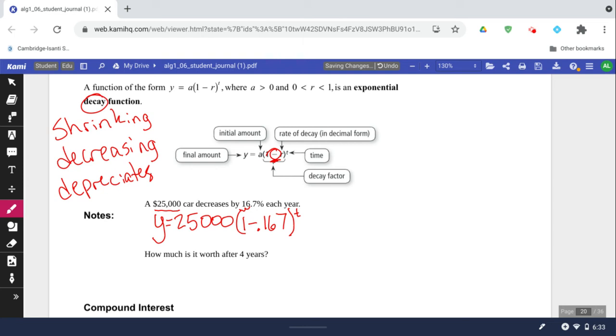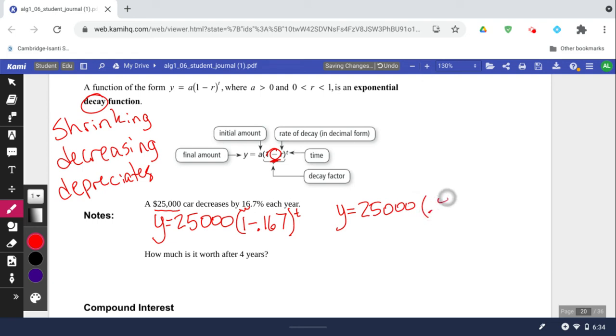And then for my final, I do want to simplify that. So I've got 25,000 and then 0.833.